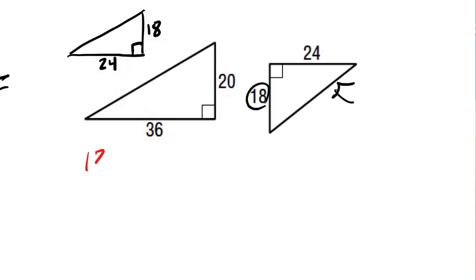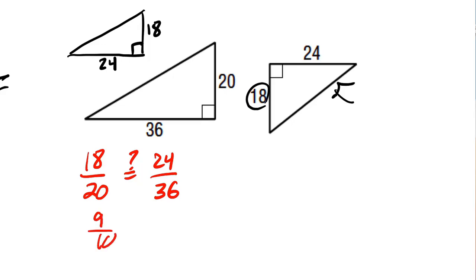So we need to know, is 18 over 20 equal to 24 over 36? Are the sides proportional? Well, I'm not too hopeful since 24 is so far from 36, but we could reduce. That would be 9/10. Does that equal 2/3?